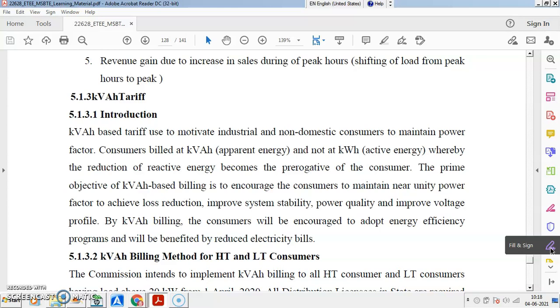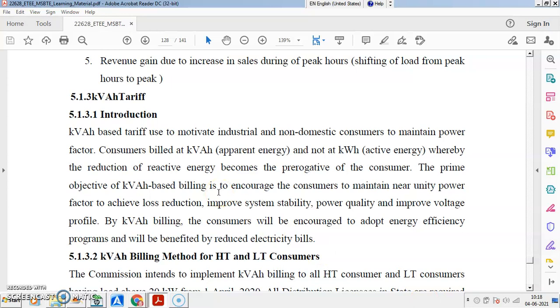Ultimately there is an indirect incentive to those people regarding improved power factor, who are having the power factor near to unity, because we are having the active power, reactive power and apparent power.